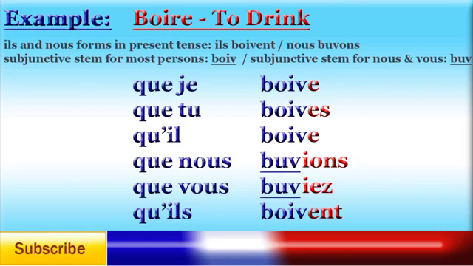So we take these endings off and we're left with two stems, boiv, spelled B-O-I-V, for most persons, and buv, spelled B-U-V, for the nous and vous forms. Que je boive, que tu boives, qu'ils boivent, que nous buvions, que vous buviez, qu'ils boivent.